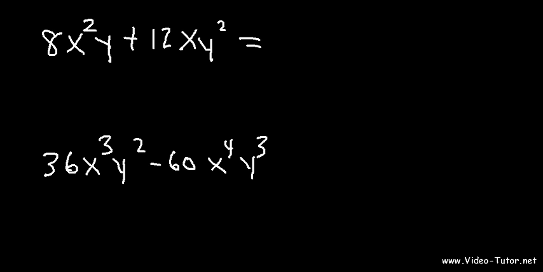So what number goes into 8 and 12? 4. 4 goes into 8 and 12. And how many x variables can we remove from both terms? On the left side we have 2 x variables, on the right we have 1, so we can only remove 1 from each term. And the same is true for y. We can remove 1y from each term.